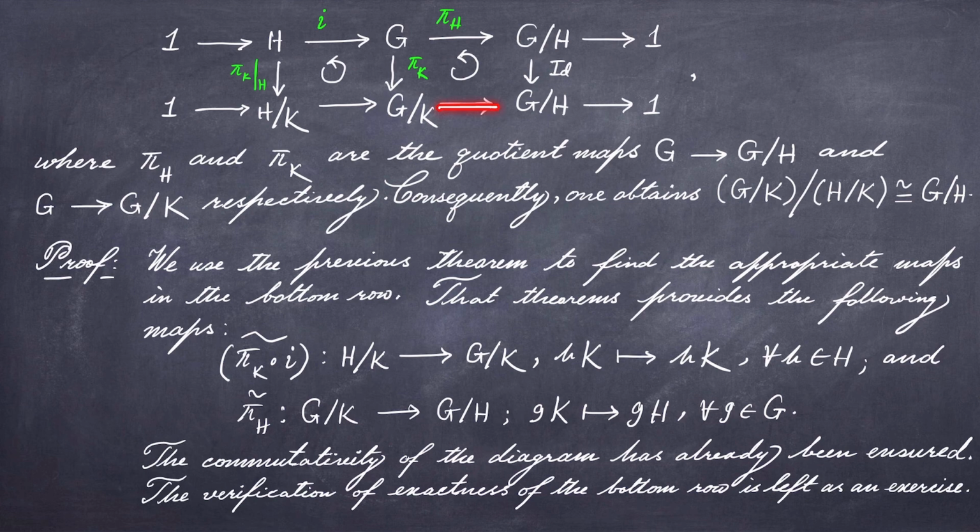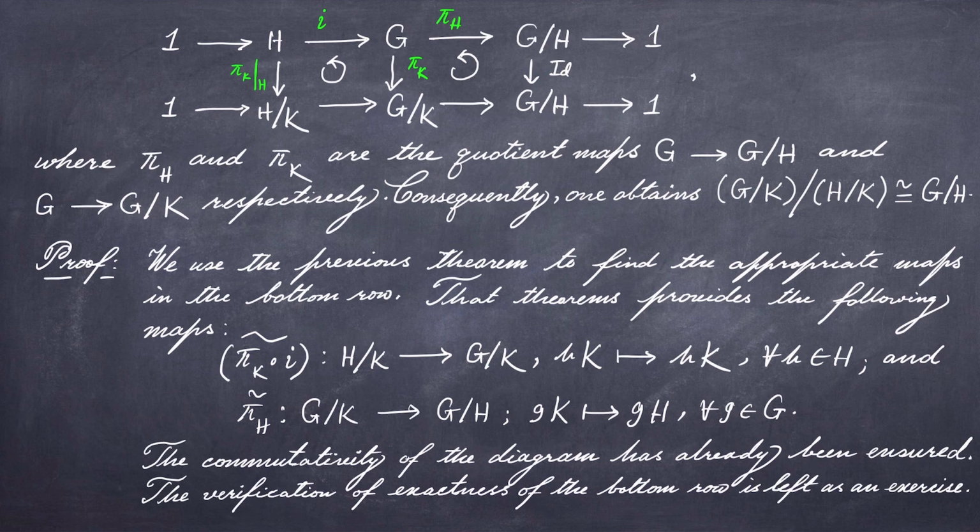And for this we will again do similar things: we consider pi H, which is a map from G to G modulo H, and of course K is contained in the kernel of that. Therefore there is a map which makes this triangle commutative. In our notation, this is pi H tilde. From the construction, commutativity is already there, and the verification of the exactness of the last row is left as an exercise.